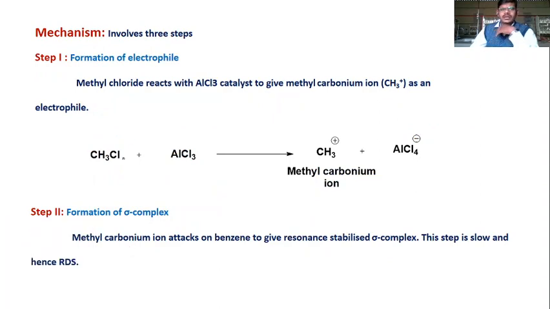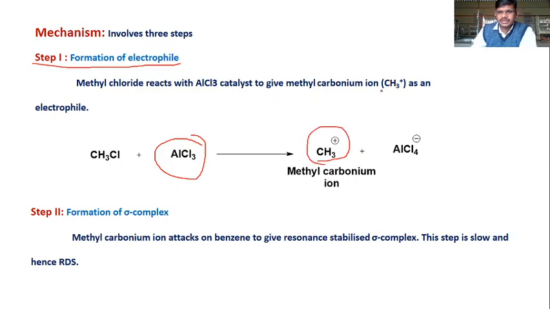Now, in the mechanism, what happens? The first step is again the formation of the electrophile. This methyl chloride, CH3Cl, reacts with the anhydrous AlCl3 catalyst to give the methyl carbonium ion, CH3+. Whenever "-ium" is at the end of the name, it suggests a positively charged species which is acting as an electrophile, and this is the first step in the mechanism.